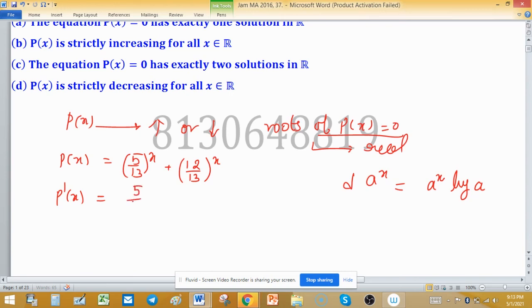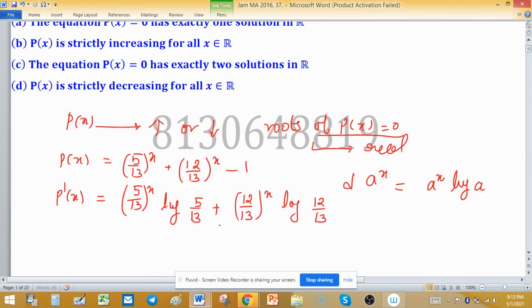P'(x) = (5/13)^x log(5/13) + (12/13)^x log(12/13). And the derivative of minus 1 is 0.